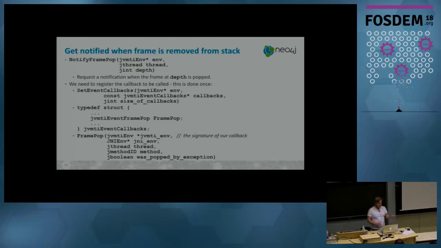So we call notify frame pop and say that when the frame that is currently at this given depth is popped from the stack, so when that method returns, call my callback, my frame pop callback.